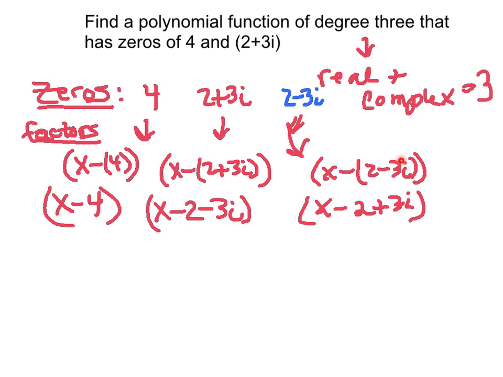When we subtract a negative 3i, that becomes a positive 3i. So here are our factors associated with this polynomial. If we have zeros of 4, 2 plus 3i, and 2 minus 3i, then our polynomial can be factored into these 3 factors.